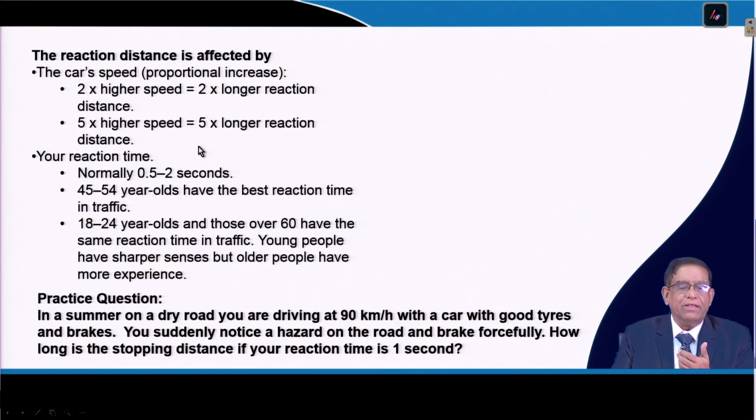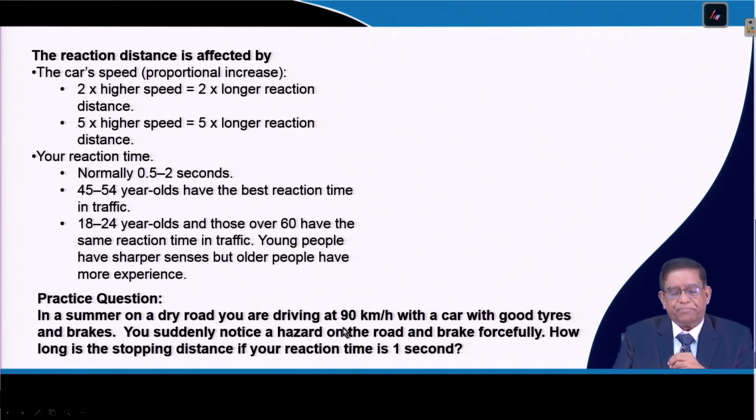So, that is why you must study this, and also the reaction distance, as I was telling, which depends on the particular person. Normally, older persons' reaction time may go from 0.5 to 2 seconds, and some people may take even longer. So, there you must see that the machine gets stopped at a distance such that an accident does not take place. There is some exercise you can do.